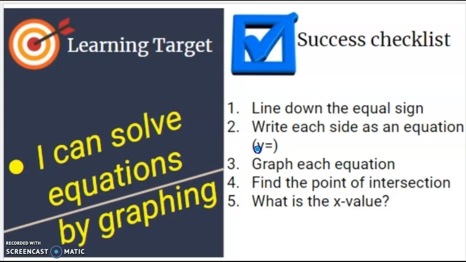We're going to use y equals to help us get started for both sides. Once we have our two equations written, we're going to graph each of them. We're going to find the point of intersection, and then we want to know what is the x value of that point. Okay, so you are going to need Desmos for the next part.